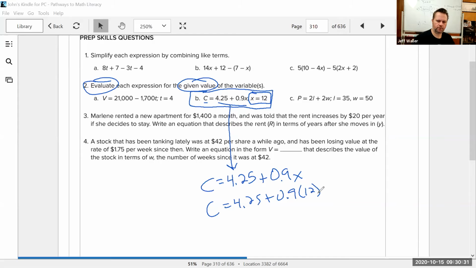Notice how I put parentheses there to preserve the fact that this is times. So when you do this, I think you get that, right? And then you add those together and I think you get this. Is that right? Yes. All right, I like it.